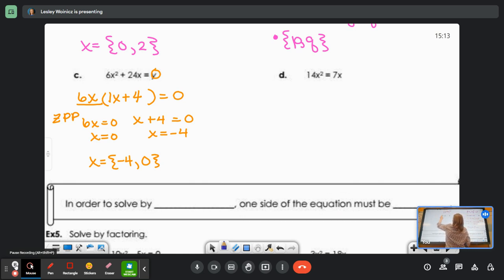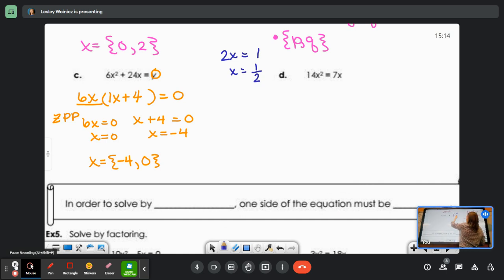So can you, in your head, divide with me? If I divide both of these by 7x, I would get 2x equals 1. Are you guys with me? Okay. So if I solve this for x, I get x equals 1 divided by 2, right?